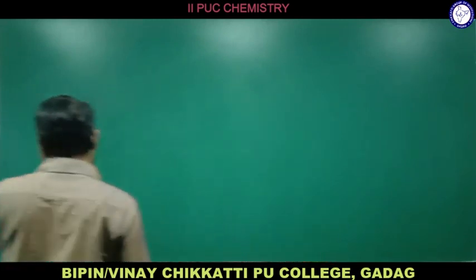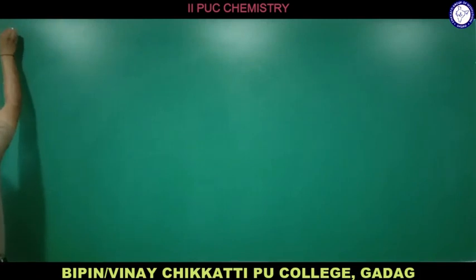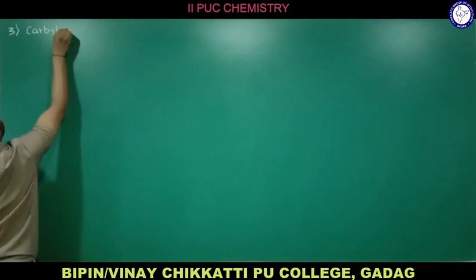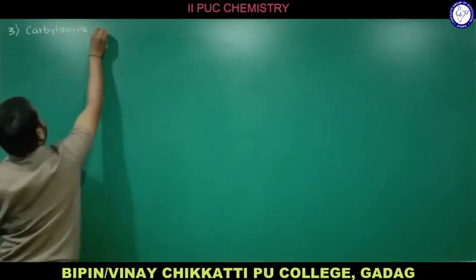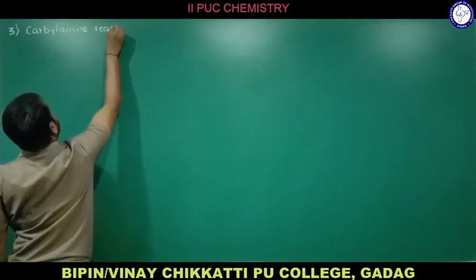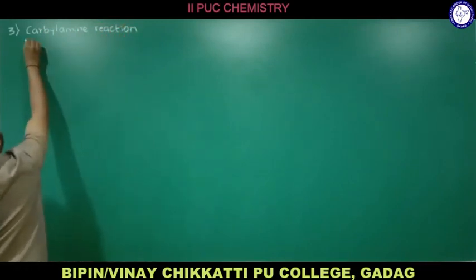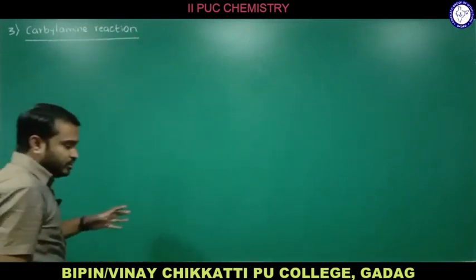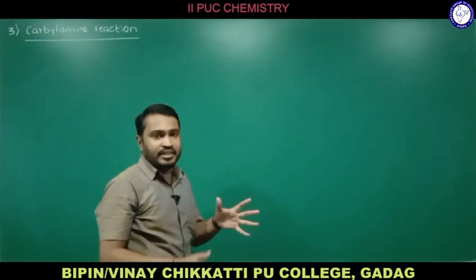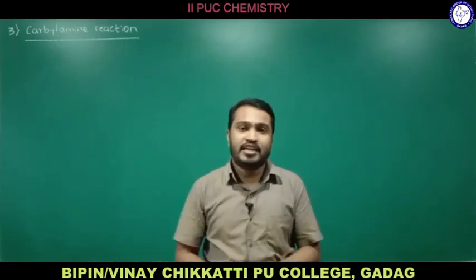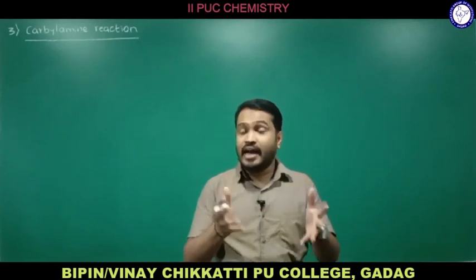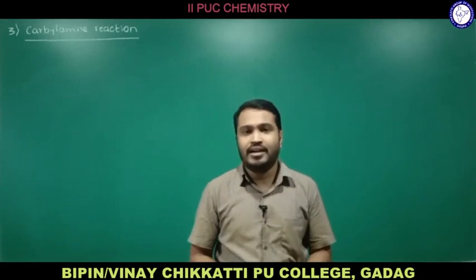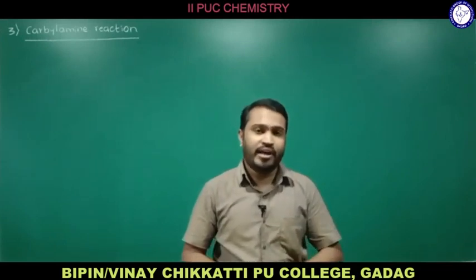The third one is the carbylamine reaction. For the carbylamine reaction, you need to consider either an aliphatic primary amine or an aromatic primary amine, and that has to be heated in the presence of chloroform and alcoholic or ethanolic potassium hydroxide.